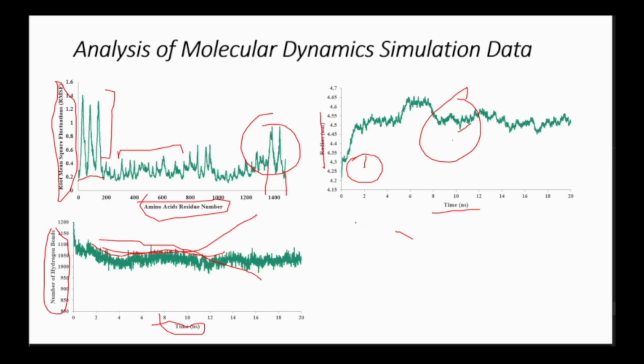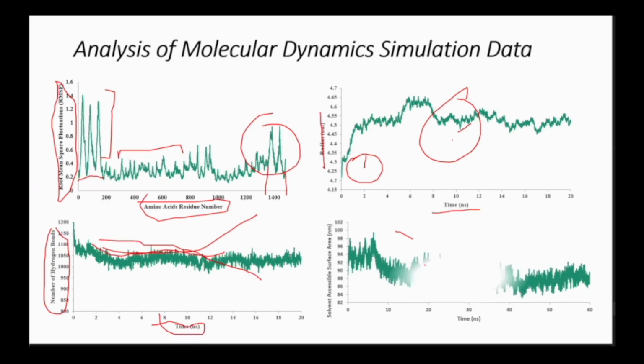And the last type of graph, the fifth one, is SASA, the solvent accessible surface area. As you know very well, your protein is present in a solution. Your protein structure is present in a water box.